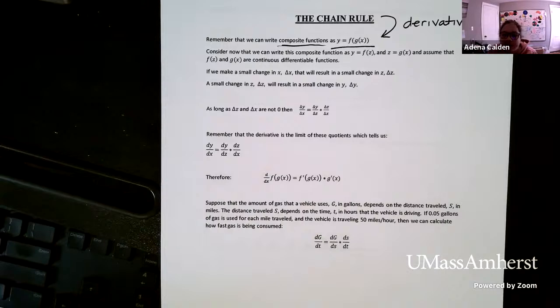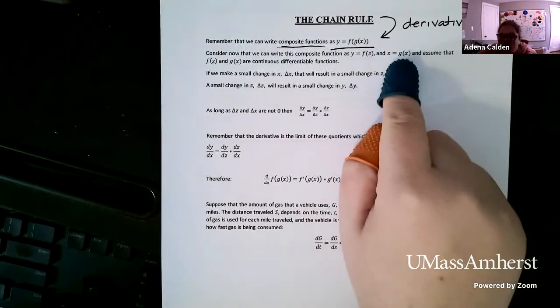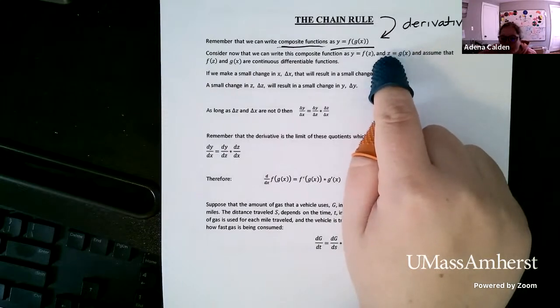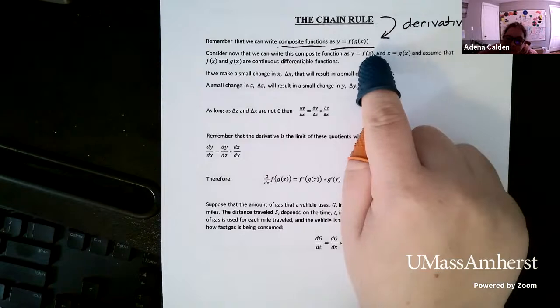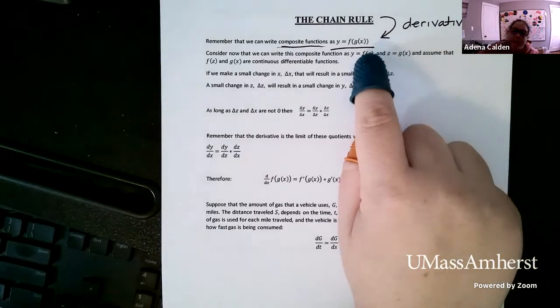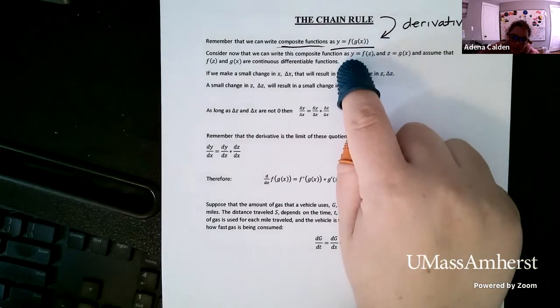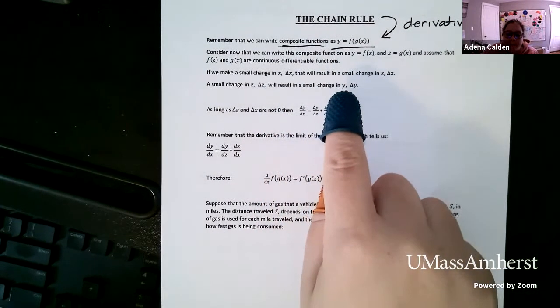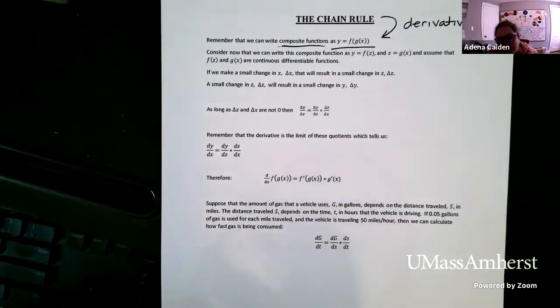If we were to make a small change in x, where z equals g of x, if we changed x by a little bit, that means z would change by a little bit. And if z changes by a little bit, that means y will change by a little bit. So a small change in x also results in a small change in y because of the nature of composite functions.